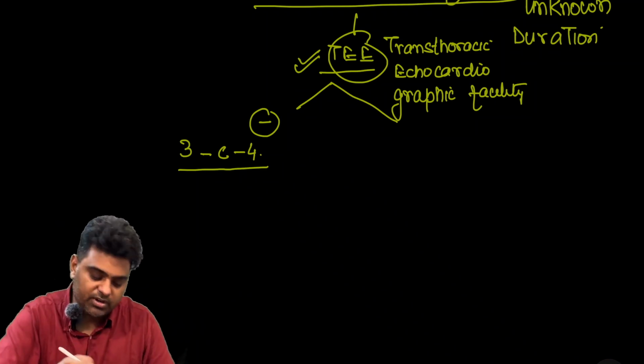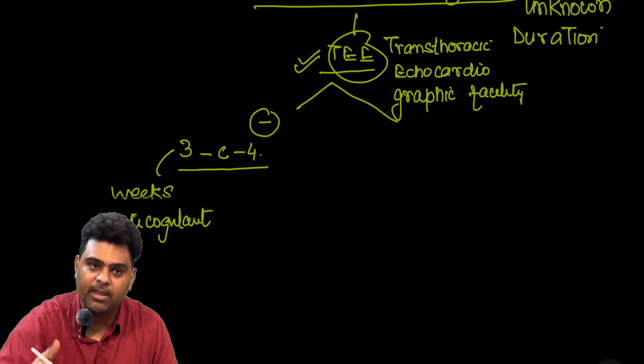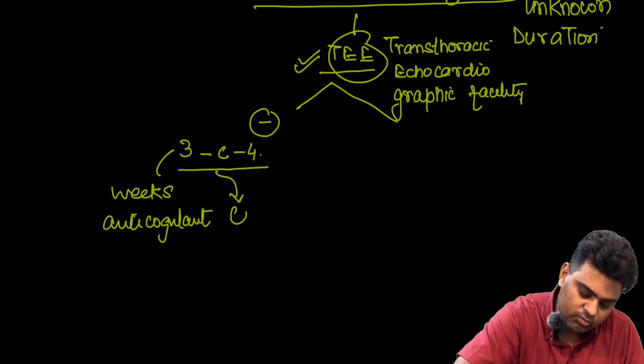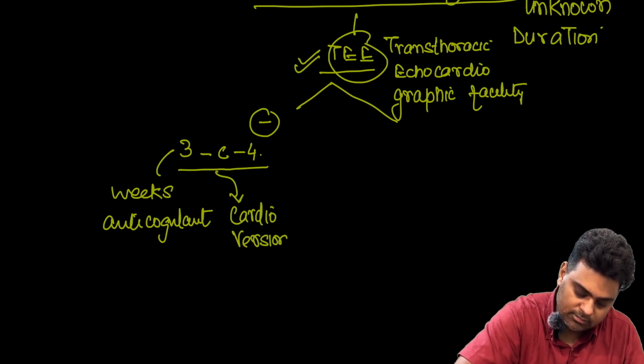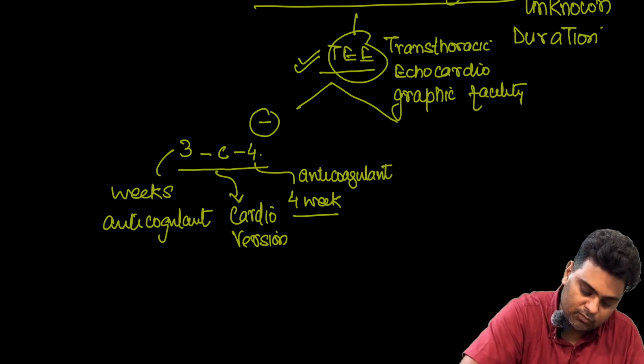So what we will do: first for 3 weeks you will anticoagulate this patient. We will see in detail which anticoagulant we'll use. Then after 3 weeks you will do cardioversion, and then you will also give anticoagulants for 4 more weeks.